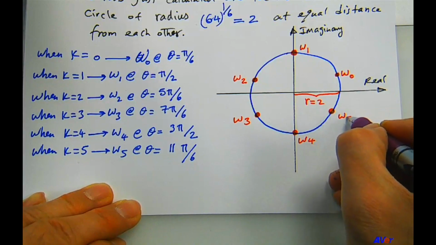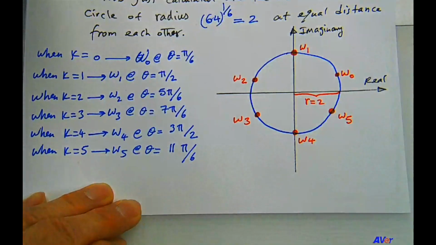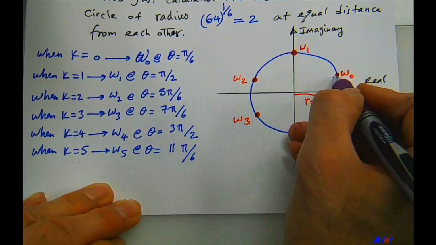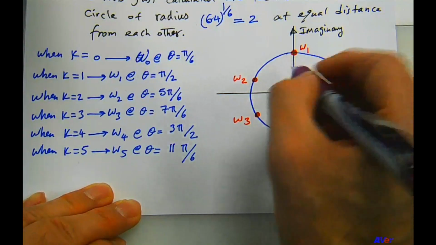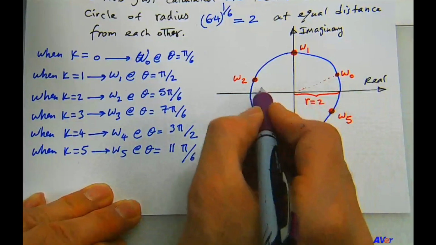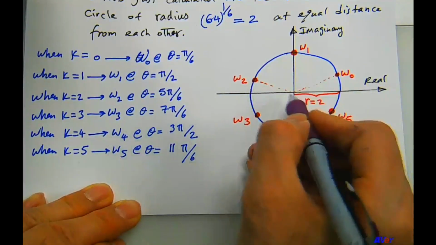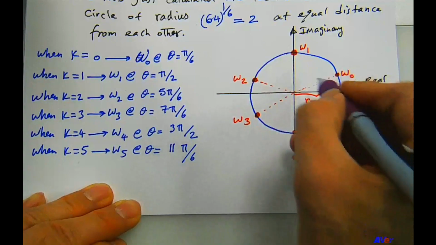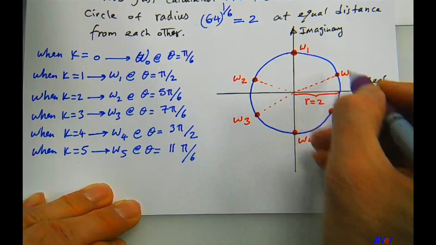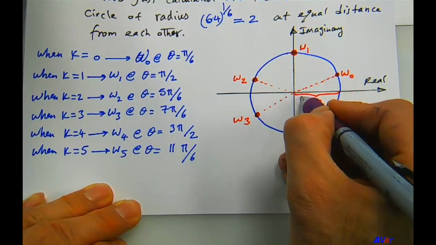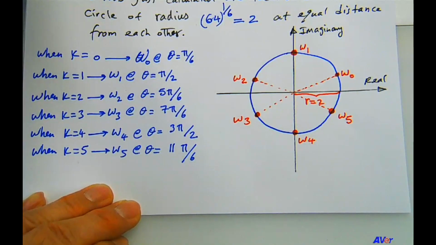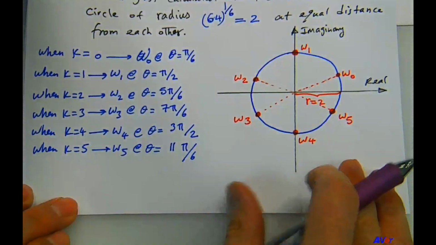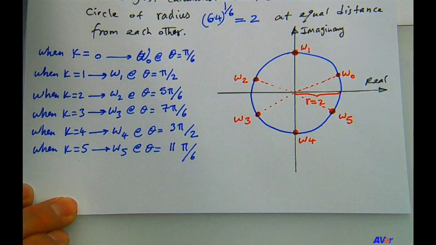And that is W5. If you wish, you can draw lines to these roots, like this, and like that. Okay, this is how we find the roots of a complex number.